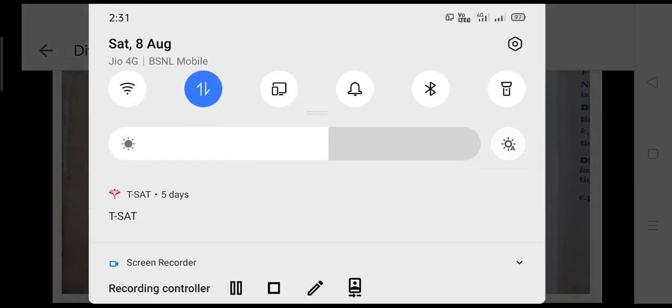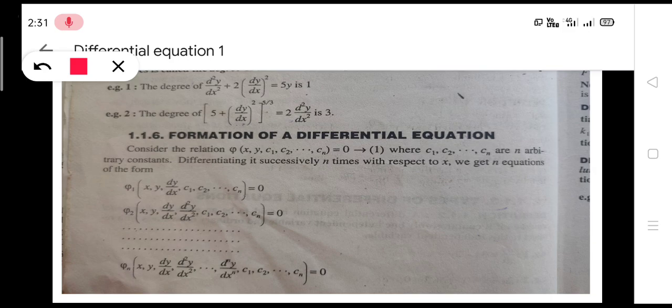What is the degree? What is the highest order derivative in this differential equation? The highest order derivative is d square y by dx square. What is the power of the highest order derivative? Only 1 is there. So the degree of this differential equation is 1 only.